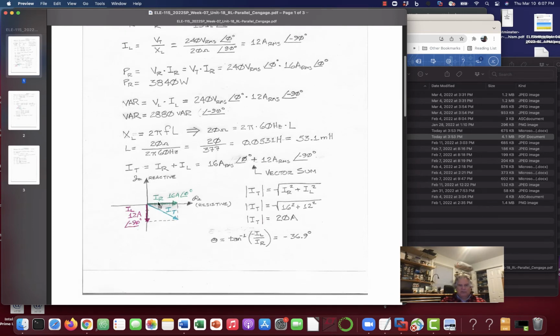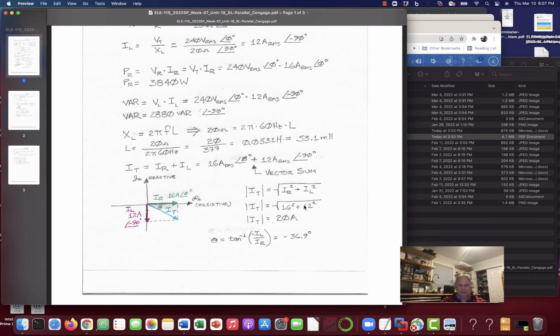The current through the resistor, of course, is at 0. So we have to do a little vector sum here, and we have to take 16 squared plus 12 squared, the square root. This is essentially 3 times 4 and 4 times 4. So this is a 3, 4, 5 triangle, and 5 times 4 is 20 amps.